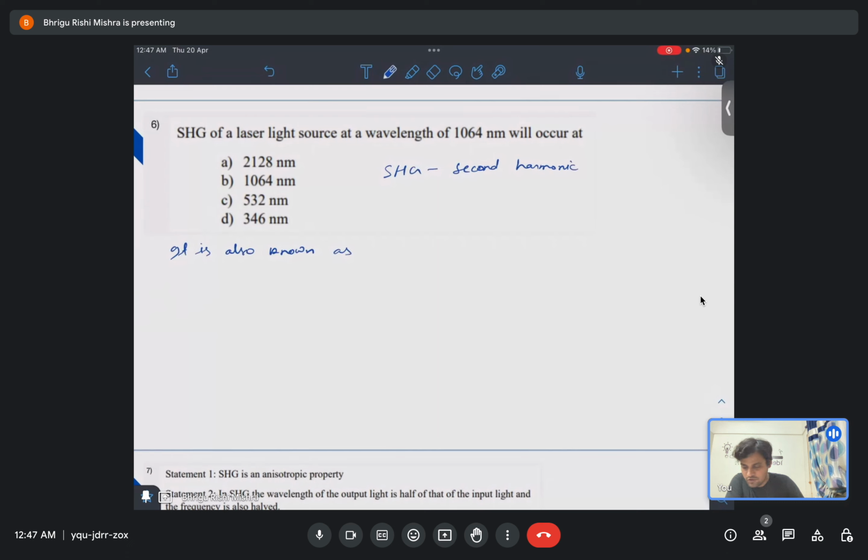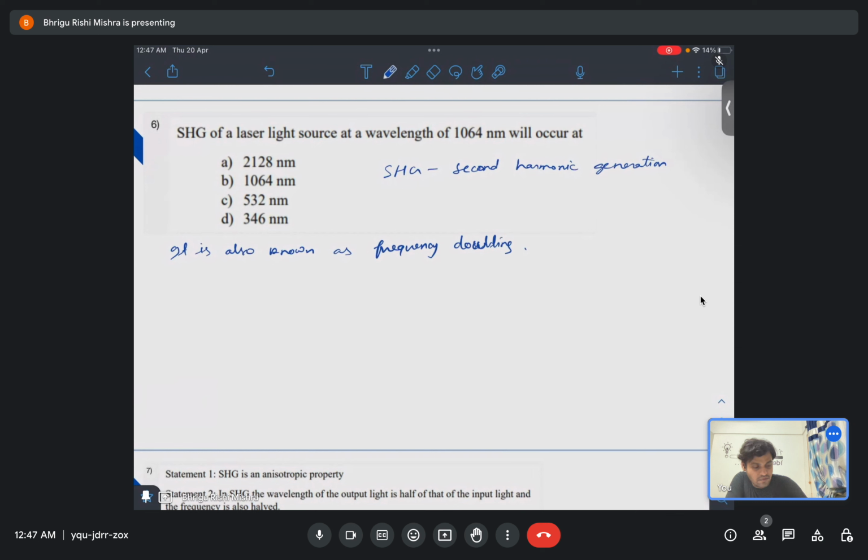So it is also known as frequency doubling. This is the important term to remember. Frequency doubling means it doubles the frequency. So doubling the frequency means half the wavelength.